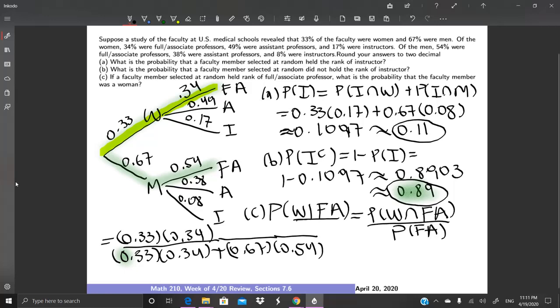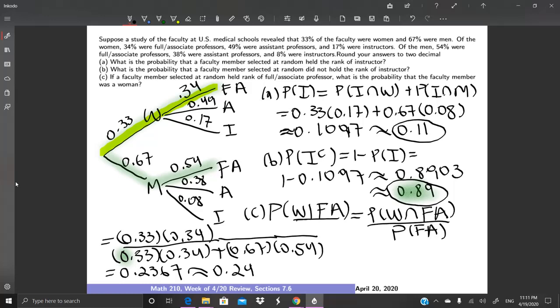So when I did this, I ended up with 0.2367, or approximately 0.24 if we're looking for 2 decimal places. So the idea is, if I know that this faculty member was a full or associate professor, so given that fact, the probability that it's a woman is about 24%.